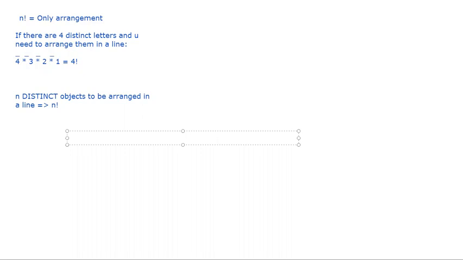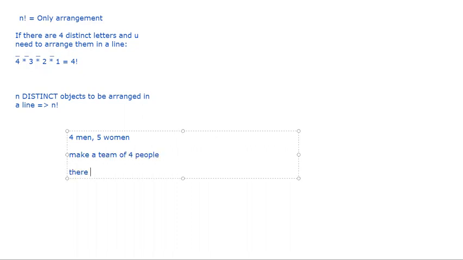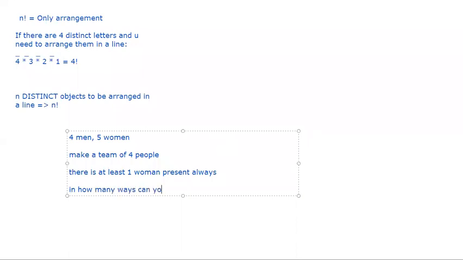There were 4 men and 5 women, and you have to make a team of 4 people such that there is at least one woman present always. In how many ways can you form the team?